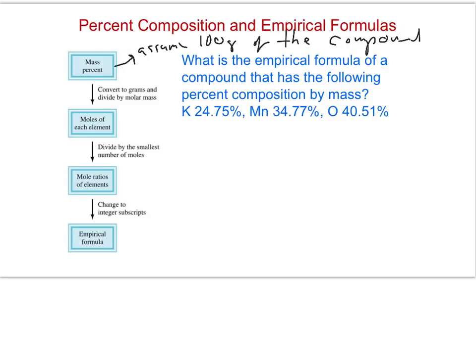The reason being is that you just directly convert your percentages into grams. Okay, 24.75%, convert that into a decimal.